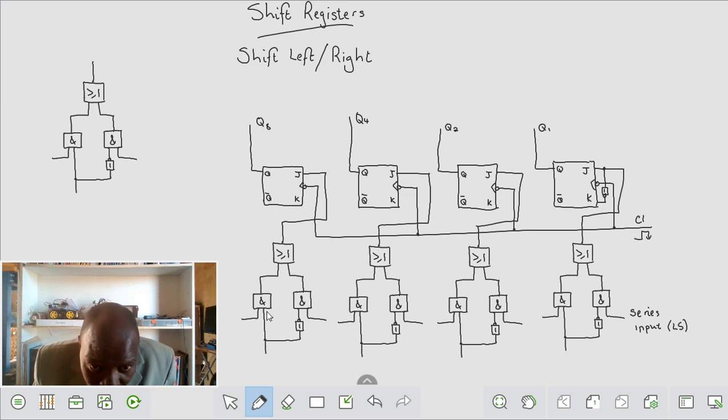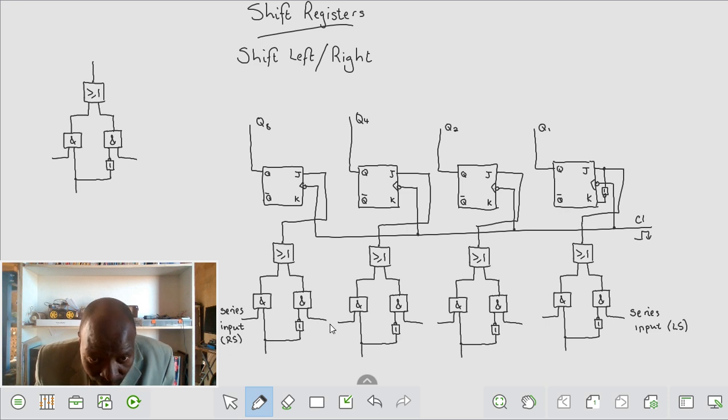Okay, that one there is the serial input for, obviously, the right shift.